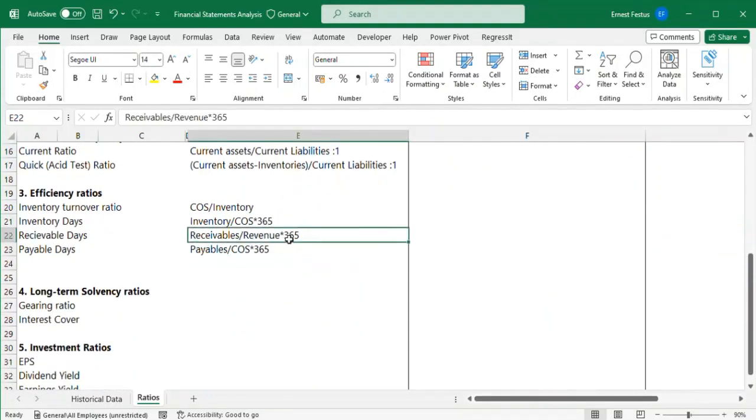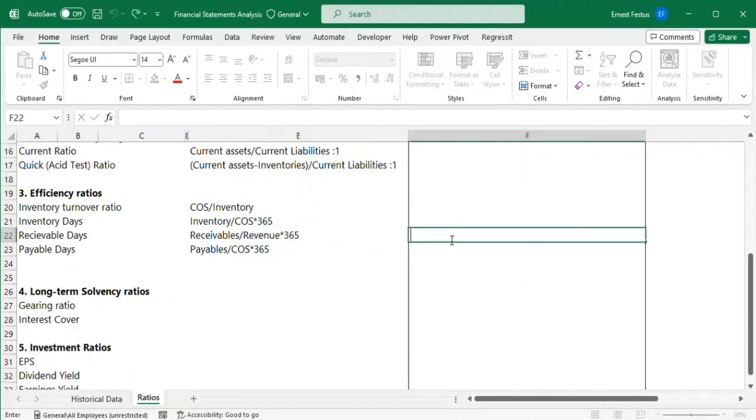Then receivables, the same thing. This is inventory. Receivables is talking about your debtors level. So receivable days: how long does it take for you to receive amounts that are due from your debtors? How long does it take for them to repay you any amounts, having bought your goods on credit?